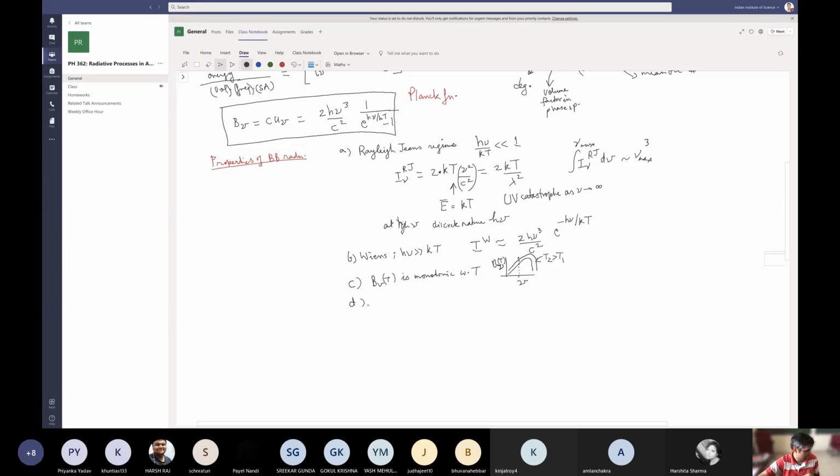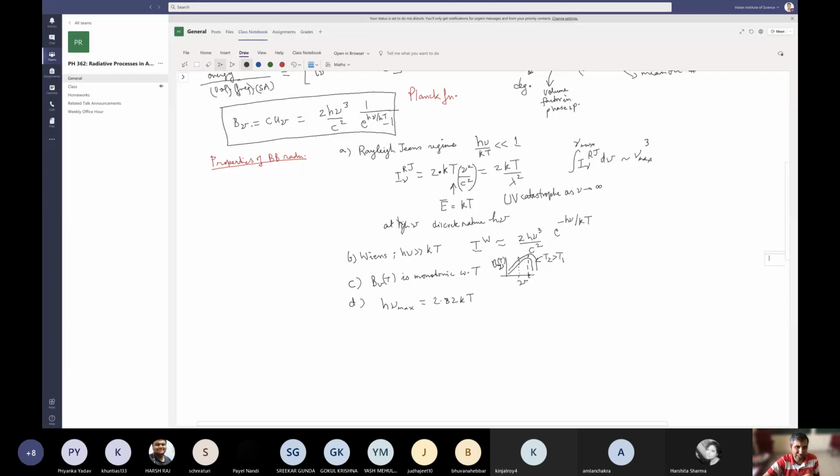Okay, D. So Wien's displacement law: h nu_max is equal to 2.82 kT. So this function that I have shown, B_nu as a function of nu, will reach a peak value at 2.82 kT. This can also be shown by the mathematics of this function.